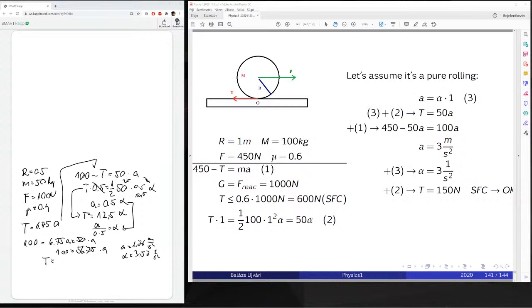Do you see where I missed it? No. A is the half of the alpha.